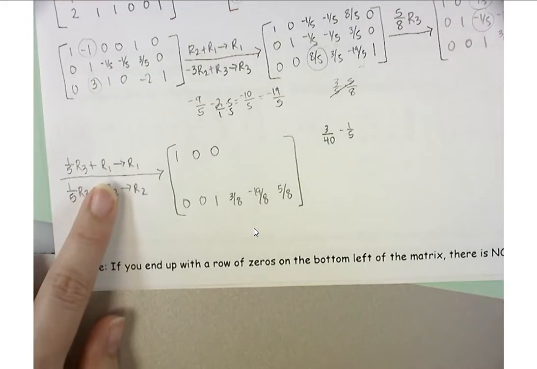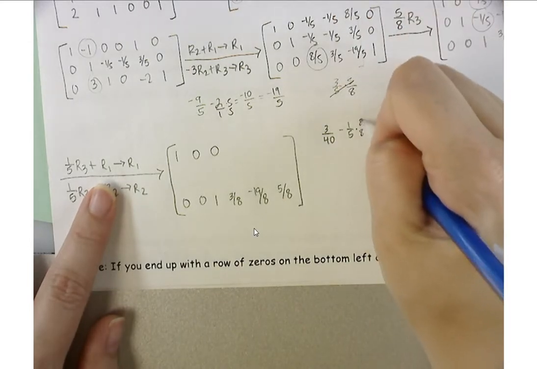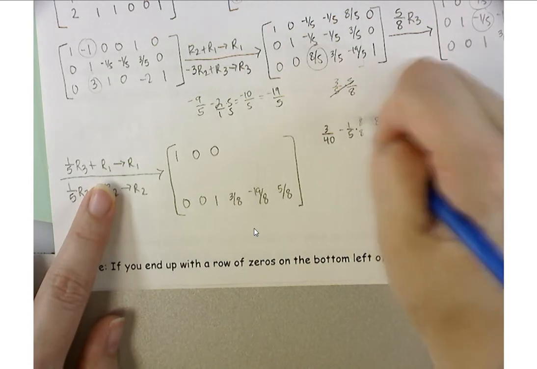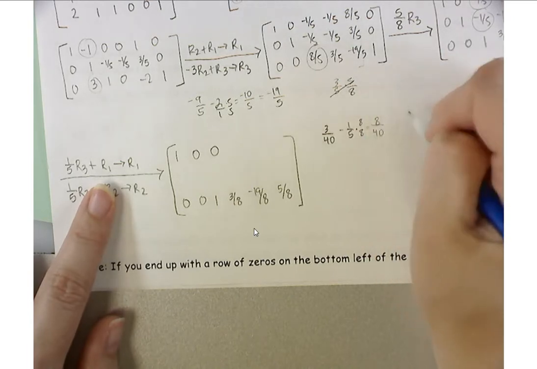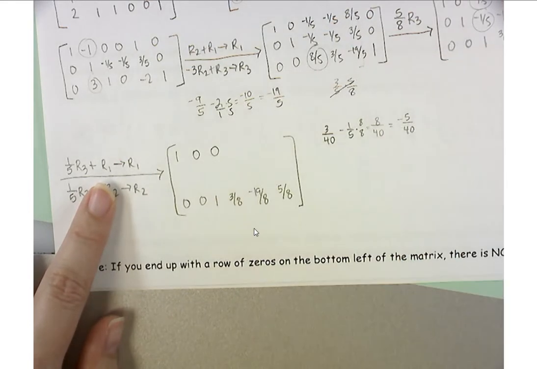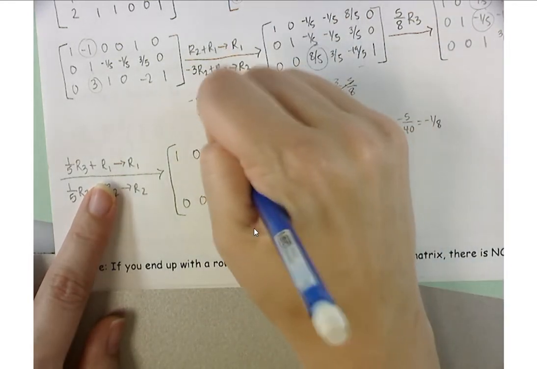Okay, and my common denominator is 40, right? So this would be 40. Okay, so it's 3 minus 8 over 40, which is going to be negative 5 over 40. What does that reduce to? Negative 1/8. Okay, so this is going to be negative 1/8.